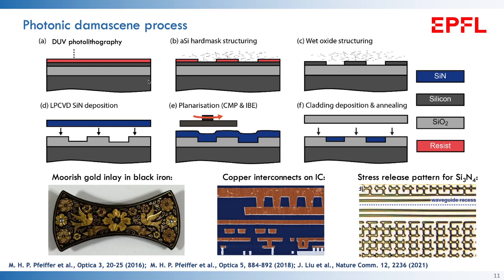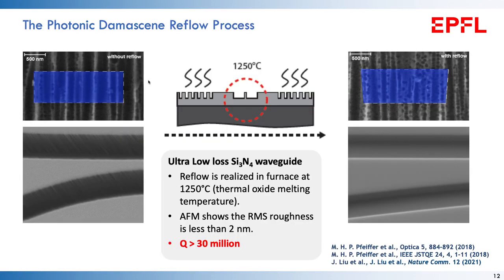Another trick we are playing is that the silicon nitride material has a glass transition temperature around 1200 degrees, so we can use a thermal reflow to smoothen the sidewall roughness. In the end, we get a lower scattering loss from the sidewall.